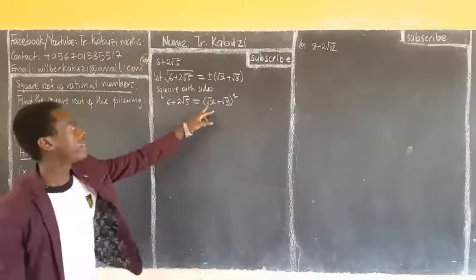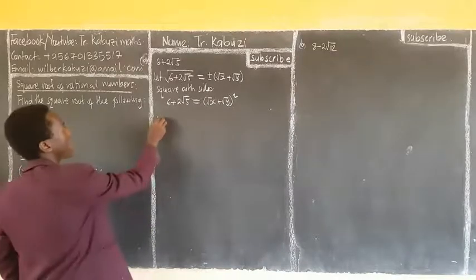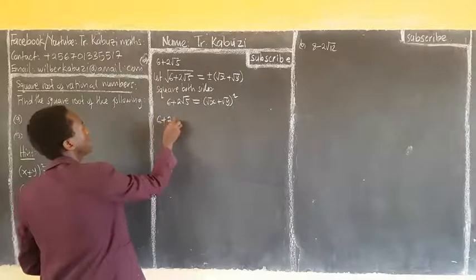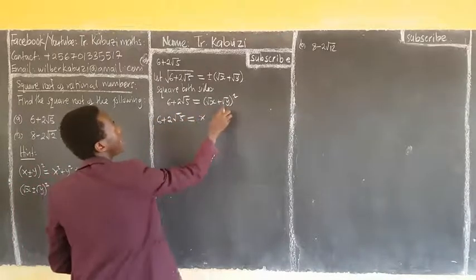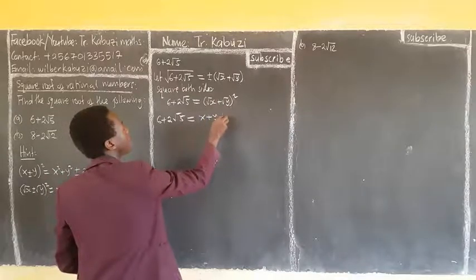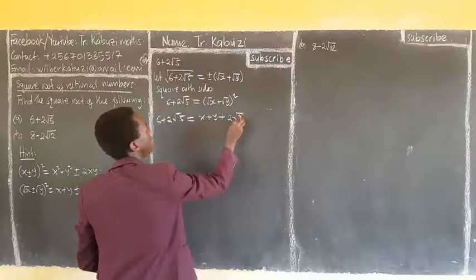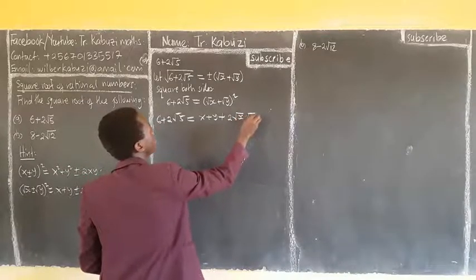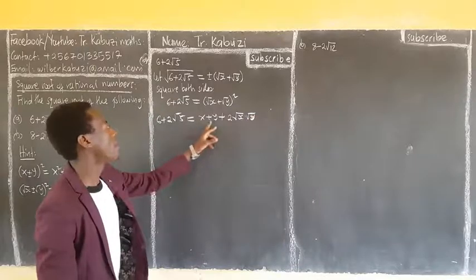So expanding it, I have this equaling... When I square this, I get x. When I square this, I get y. Then plus this and this, then by 2 root x times root y.